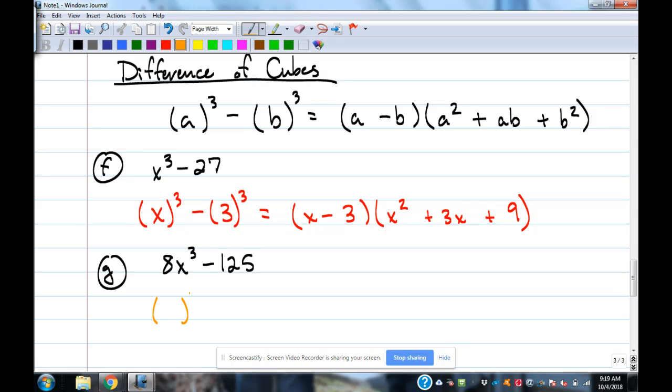So I'm going to attempt a difference of cubes. So what do we know about 8? 2 cubed. What do we know about 125? 5 to the third power. So that's a 5 right there.